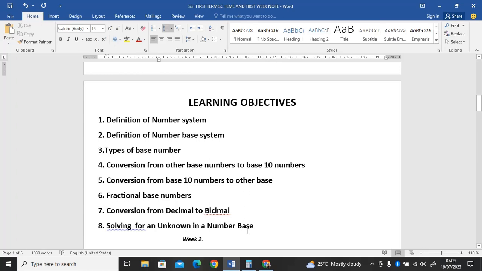This is not new to you. You did it in your JSS1, even in primary school. The types from primary school or JSS1 are mostly binary numbers, and let's say just base 3, just small numbers. But in SS1 we are going to go more advanced, but no problem about that.